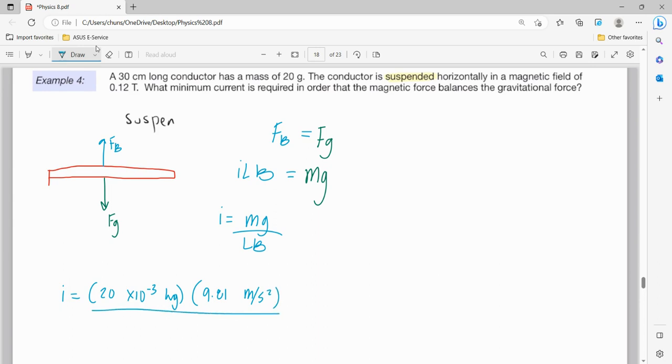This is over our length, which is 30 centimeters, so that's 0.3 meters, times 0.12 Teslas. And this gives us a current equal to 20 times 10 to the negative 3 times 9.81 divided by 0.3 times 0.12. And this is 5.45 amps. So that's the amount of current that we need to run through that wire in order to keep it in place in this scenario.